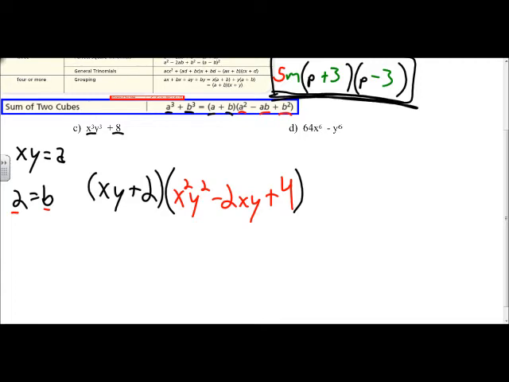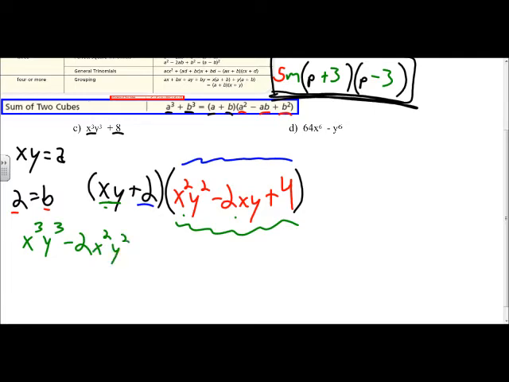We're going to have to go xy times everything in our second one here. And then we're going to have to go 2 times everything inside here. So if we do our xy first, xy times x squared y squared will leave us with x cubed y cubed. Xy times negative 2xy leaves us with negative 2x squared y squared.